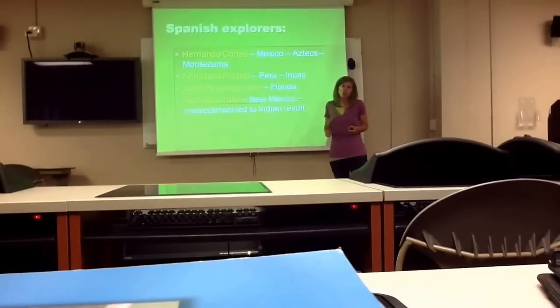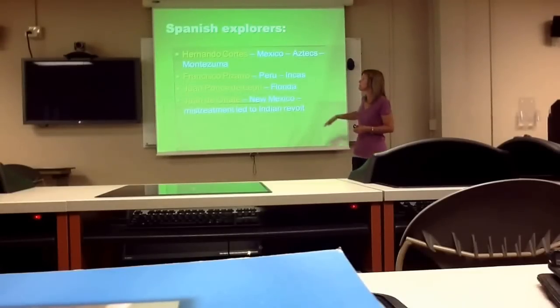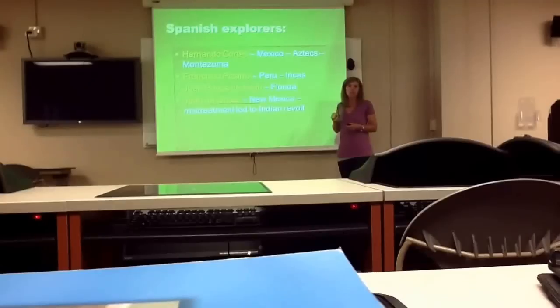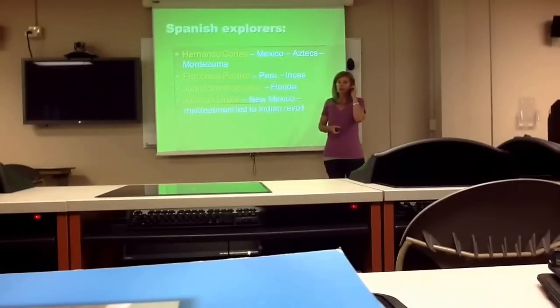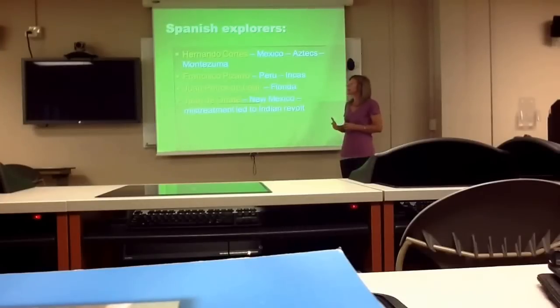For Spanish explorers, they're more of the ones that you've learned about in the past, that you're more familiar with, like Cortez. Cortez is going to come and explore for Spain, and he will end up in Mexico, and he is the one that ends up going into the Aztec capital and meeting Montezuma and so forth. And they will not get along well, and the people will become very angry with Montezuma and end up killing Montezuma.